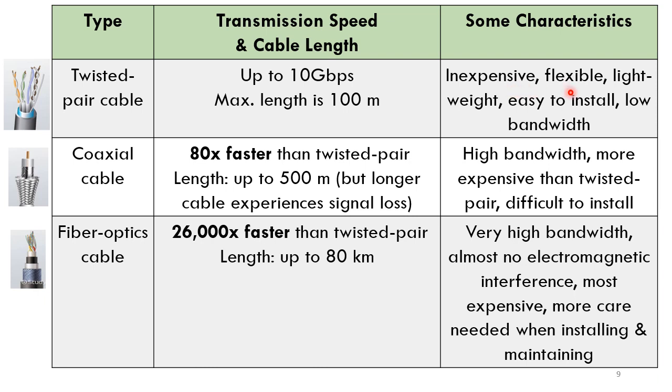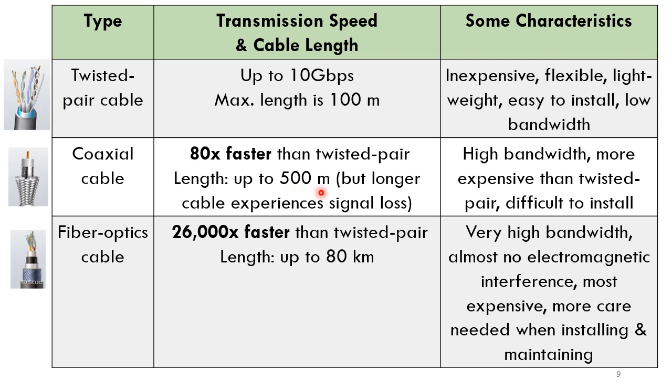Inexpensive, flexible, lightweight, easy to install, but the drawback is low bandwidth, meaning it is slower compared to the other connections. Now, what about coaxial cable? Coaxial cable is 80 times faster than twisted pair, and it can go up to 500 meters.